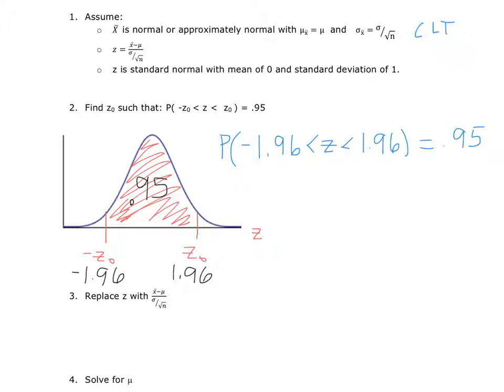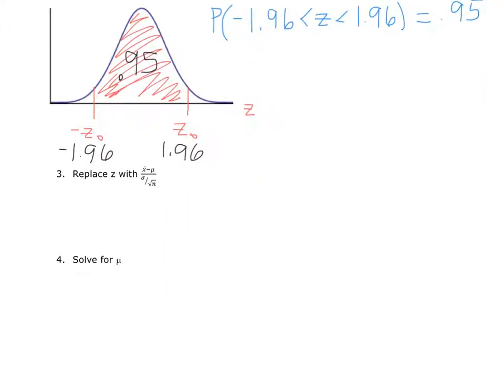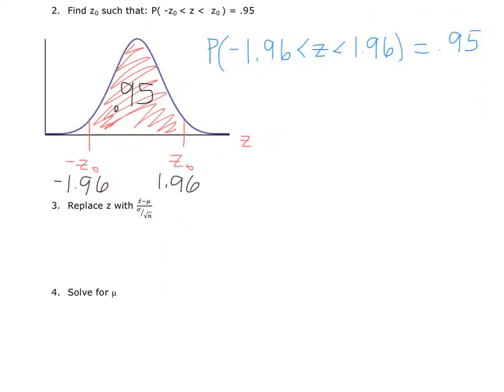Now, keeping in mind that our goal is to have mu in there instead of z, for the next step we are going to replace z with what it's equal to. And it's equal to x bar minus mu over sigma divided by the square root n.